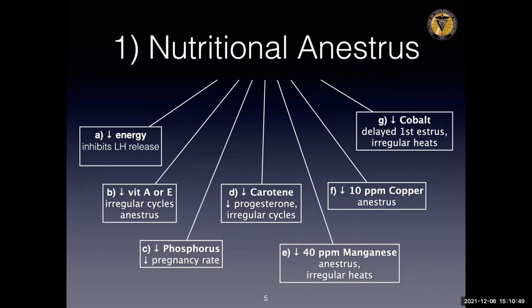So there's really a direct correlation between the minerals and the vitamins to the proper functioning of the reproductive organs. Not only that, also the endocrine system, the pituitary glands, the hypothalamus. These are directly connected to the nutrition of the animal.